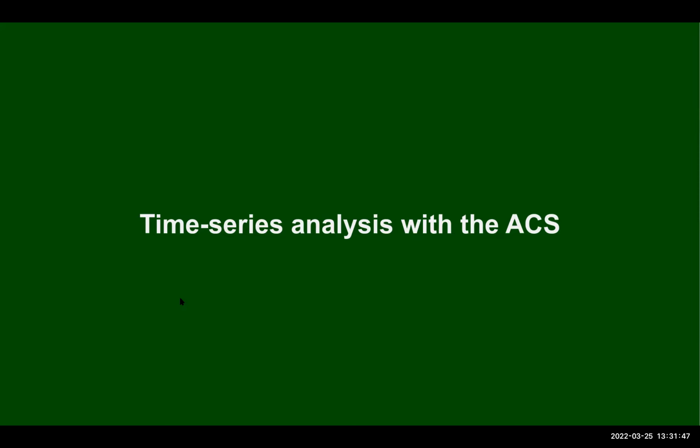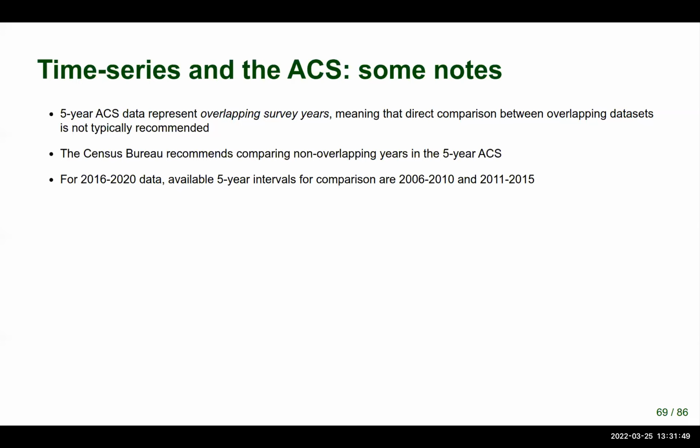So when you're working with ACS data, Census cautions against making temporal comparisons between overlapping survey years, because you're basically baking in the same data on one side of each comparison. What they recommend doing for 5-year ACS comparisons is to compare discrete 5-year ACS periods. So compare non-overlapping data sets.